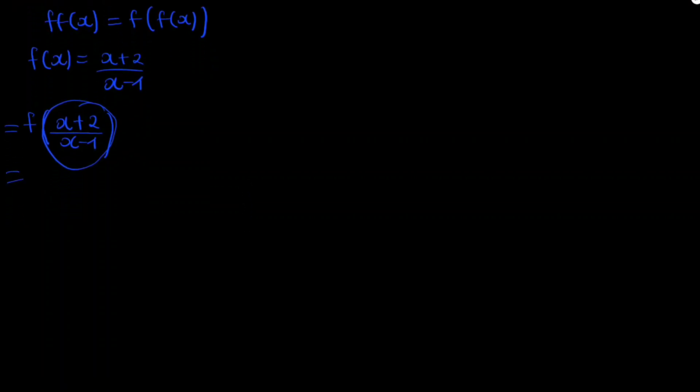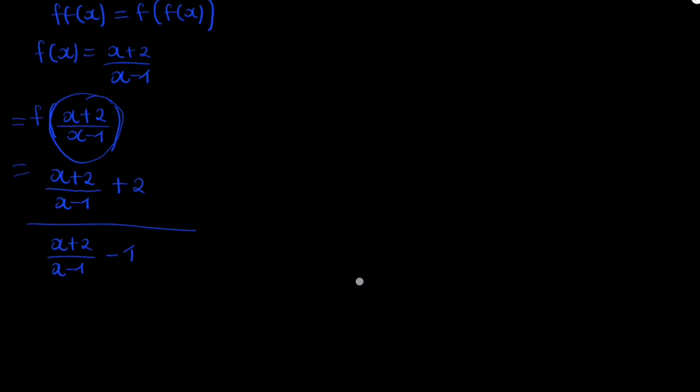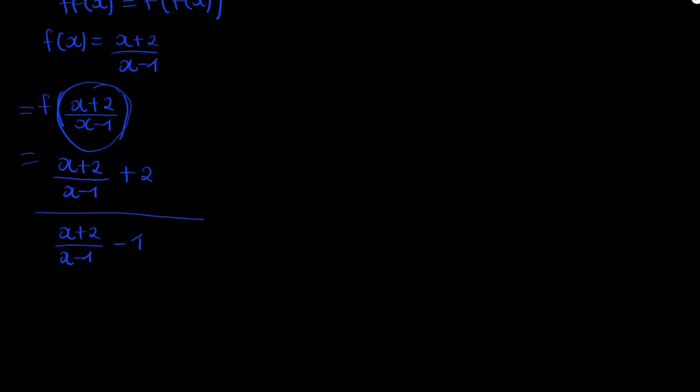Okay, so this is how we do it. We are going to have x plus 2 divided by x minus 1, plus 2, all that divided by x plus 2 divided by x minus 1, minus 1. So we are going to simplify it now.